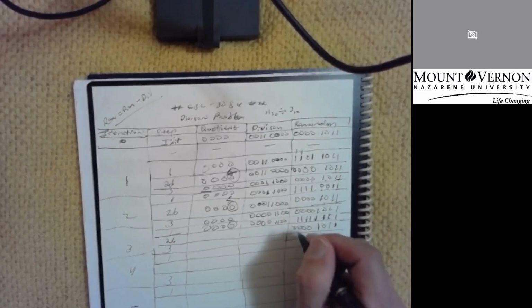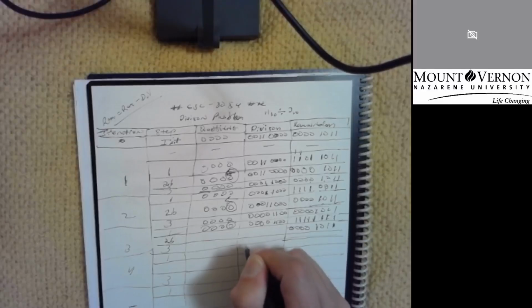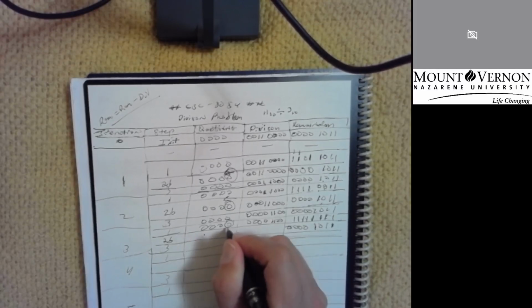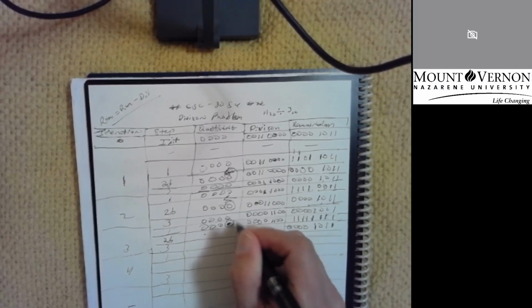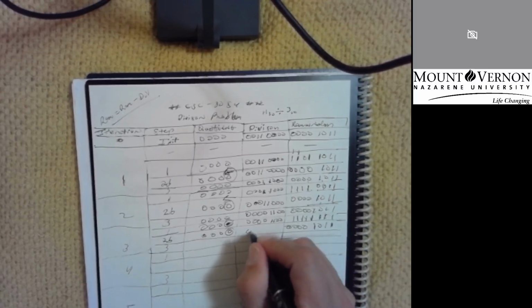And those carries take us all the way over into the overflow bit. I should have said, I'm sorry, the quotient doesn't get moved here, it gets moved in step 2b. So there.